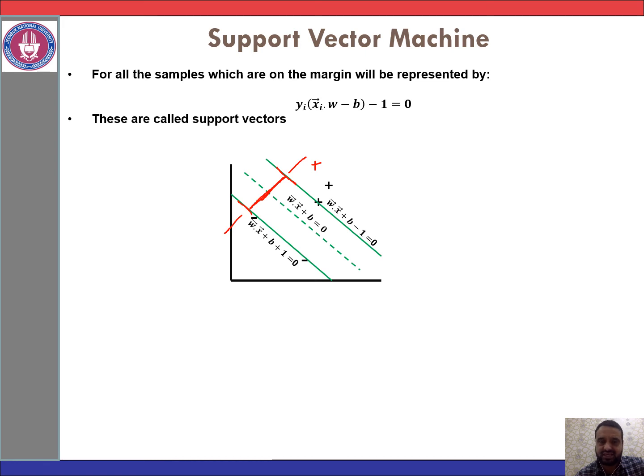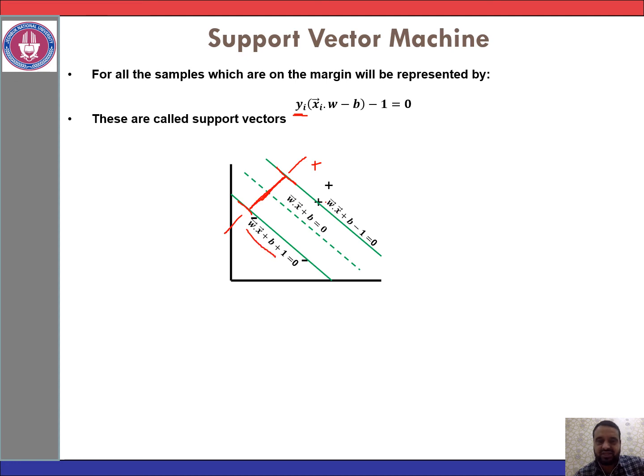Whereas on this side, when we put in the value of yi, it gives us this equation, because yi is plus 1 for the positive sample and minus 1 for the negative sample. So if we put yi as minus 1 for the negative sample, then we will get this equation and it will become 0.